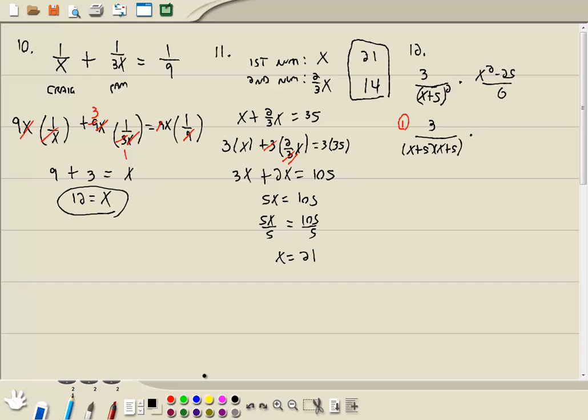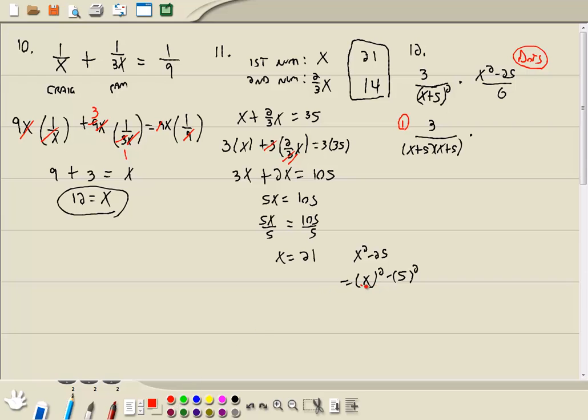X squared minus 25 is a difference of two squares. Two terms, the minus between it. And let me do it right here. The factoring. So we got x squared minus 25. Remember, we try to write it as something squared minus something else squared. We ask ourselves what times itself gives us each individual piece. X times x gives you x squared. 5 times 5 gives you 25.